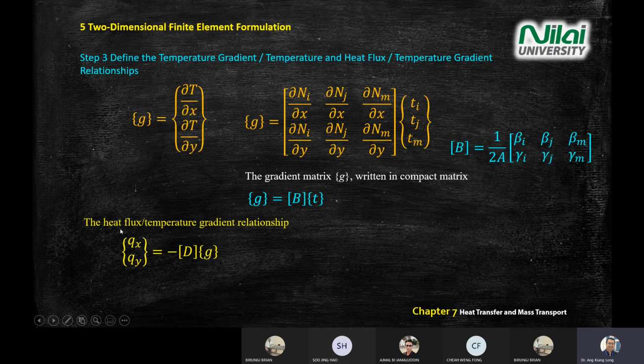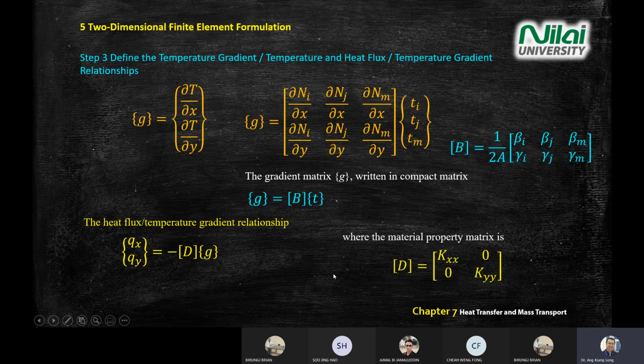Then to calculate the Q flux, you use minus. Again, there's a minus sign for the Q flux gradient relationship, minus DG. So if you substitute the G equation here, the heat flux temperature gradient is minus DBT.